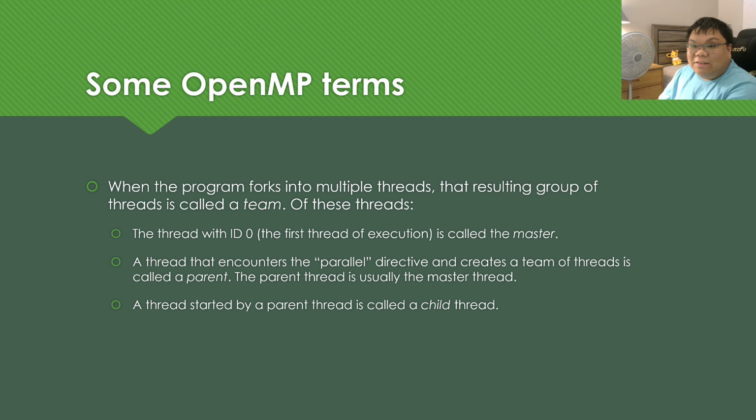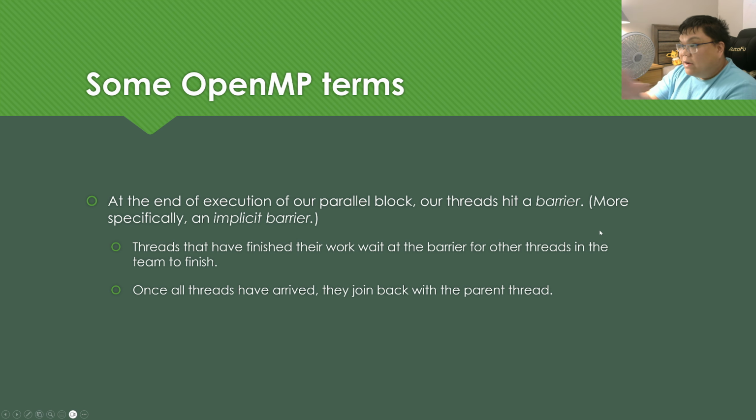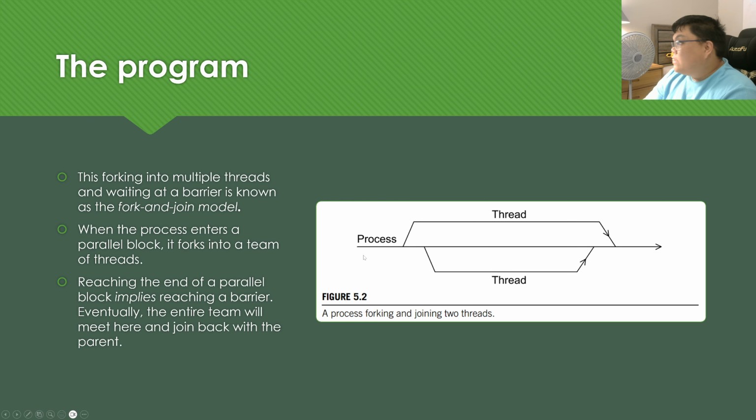So, basically that thread is the parent. And then all those child threads that we created, and the main thread, are going to call that function that we had there, the hello function. And then once they're all done, they are going to hit a barrier, or an implicit barrier. And then they're all going to wait for everyone else to finish, and then they're going to join back in. It's the fork and join model once again.